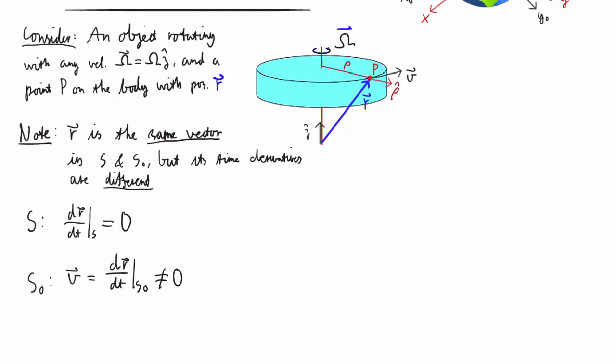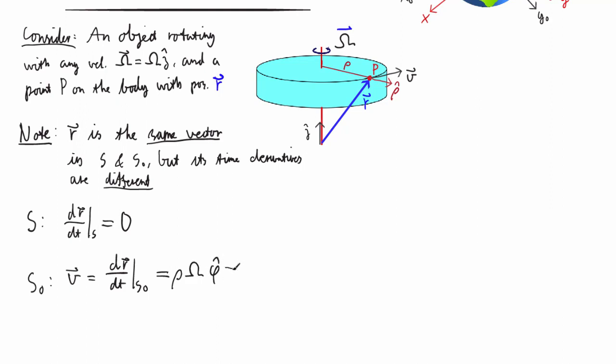Okay? Now if you want to calculate what this velocity is equal to, we can see that it's going to be in the direction here along the rim, so that's the phi hat direction in cylindrical coordinates. Its magnitude is going to be the velocity at this point, that's going to be rho times omega. So this is equal to rho omega phi hat.